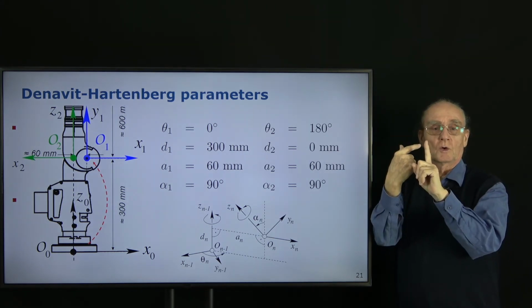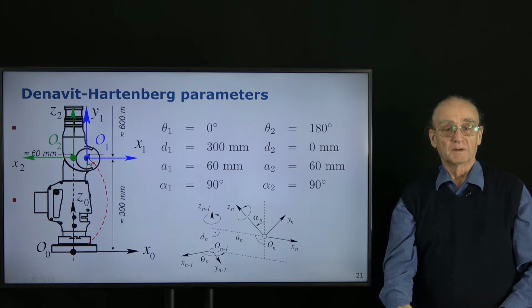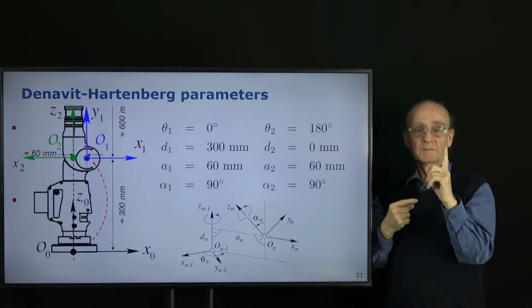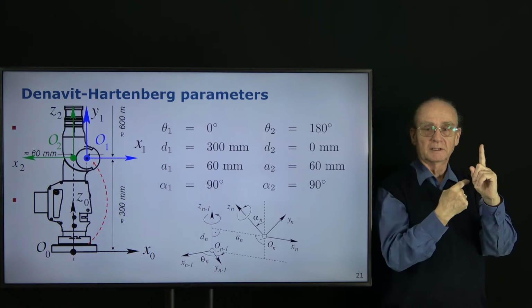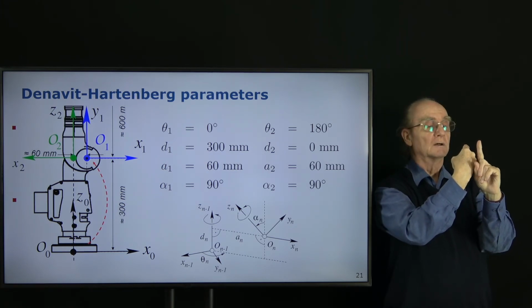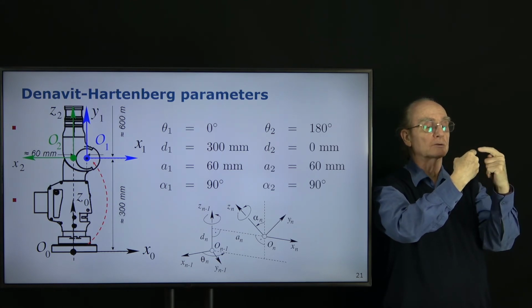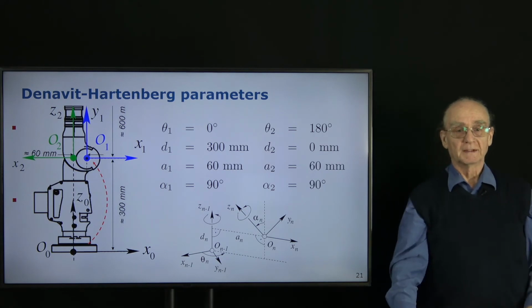So we need to know where is the origin of this first system. So we have a vertical axis like here, and we have a horizontal axis like here, and of course we have here in this horizontal direction the point which is closest, so this would be this point here.